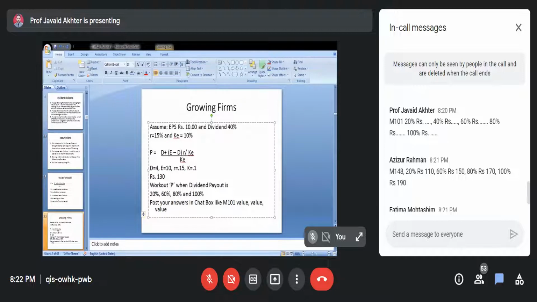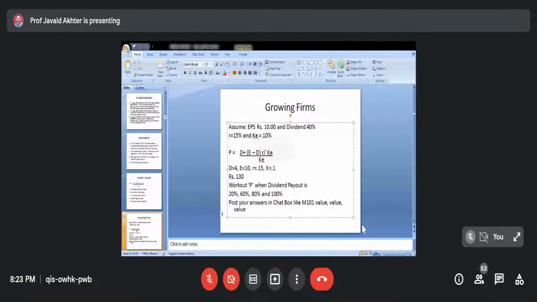How many of you can see the calculations given in the chat box? Are the calculations visible to all of you? Yes, sir. Can you answer?